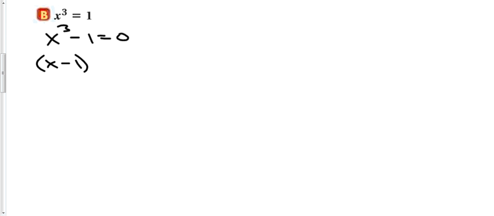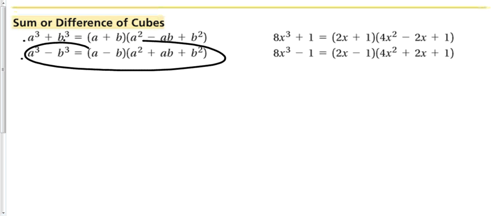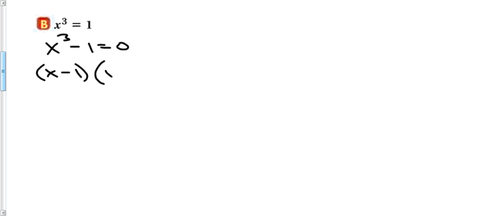The formula I'm talking about is right here. So we're going to start with a minus and then two pluses. So that's going to be x minus 1 times x squared plus x plus 1. And there's no trick to that. You just have to remember the two formulas for the sum and the difference of perfect cubes.